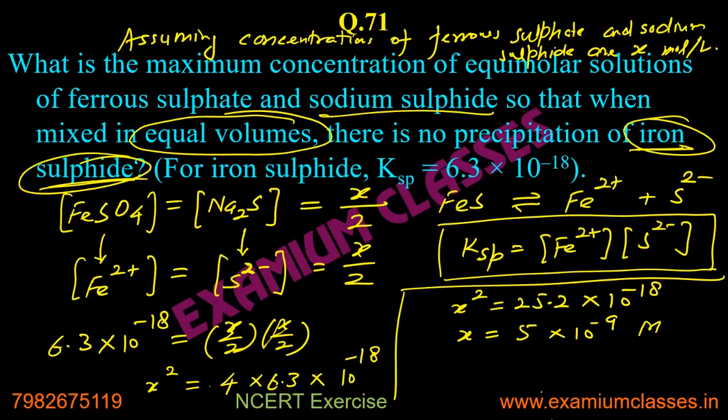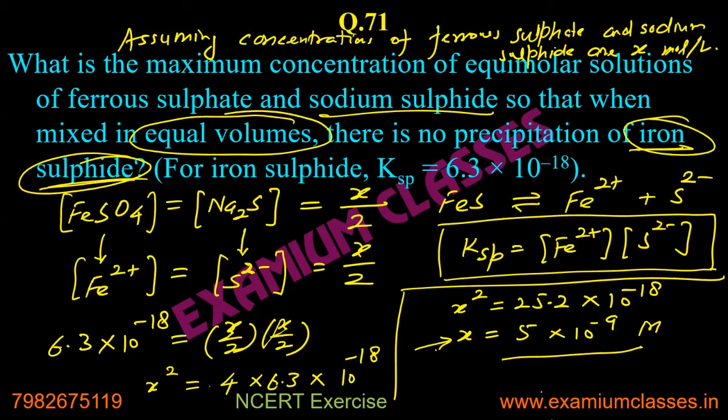Now on this basis, we can find whether the precipitation will take place or not, because we have been asked to find the condition. What is the maximum concentration of the equimolar solution? We have calculated the concentration, so this is the maximum concentration. If the concentration is beyond this one, the ionic product will be greater than the Ksp, and hence precipitation will take place.